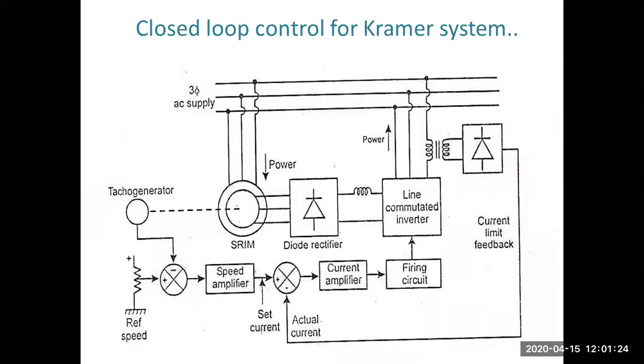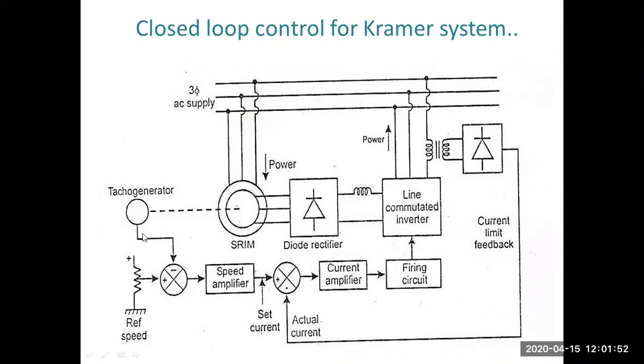Now we will see the closed loop control of the Kramer system. In this system, we are using a feedback loop for controlling the Kramer system automatically. For that we need a tacho generator, which is connected to the rotor side and is continuously sensing and measuring the speed of the rotor.